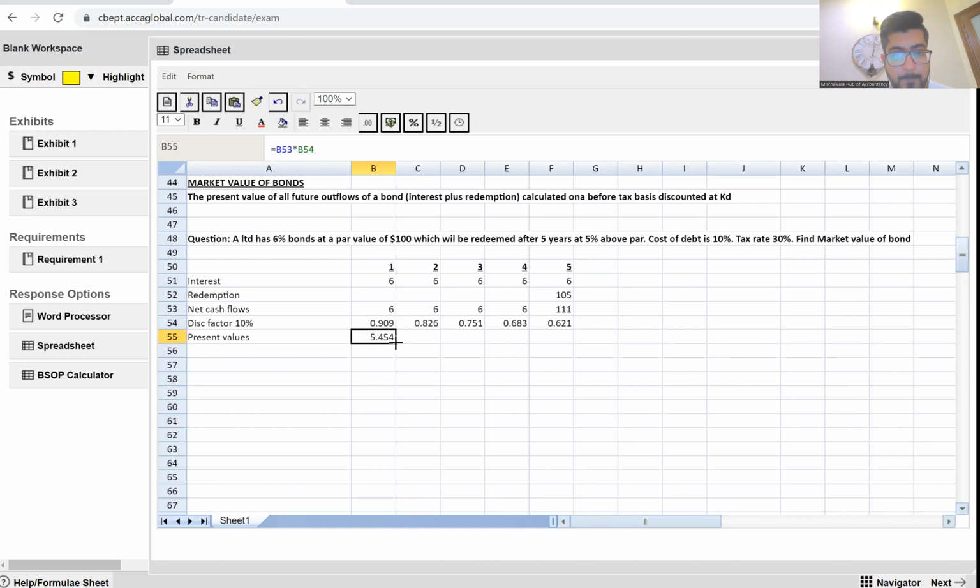Okay. Drag all. And if you sum them all, the sum of all present values, B55 to F55, you get market value of bond.